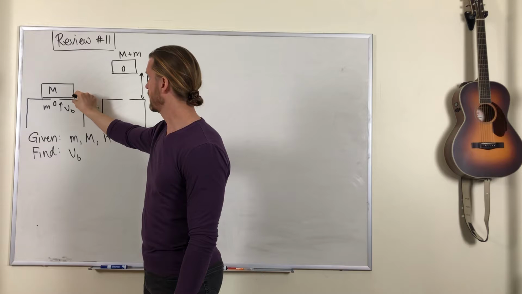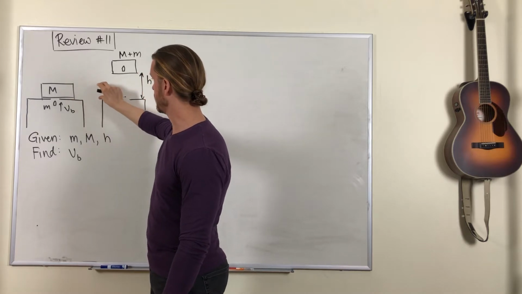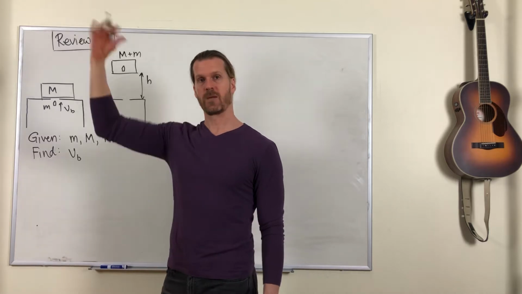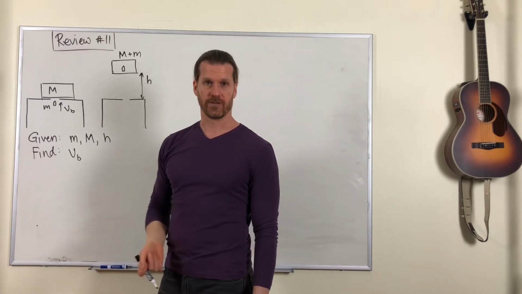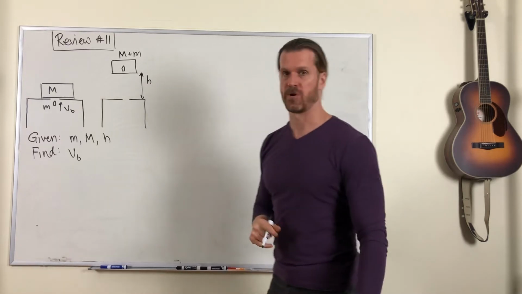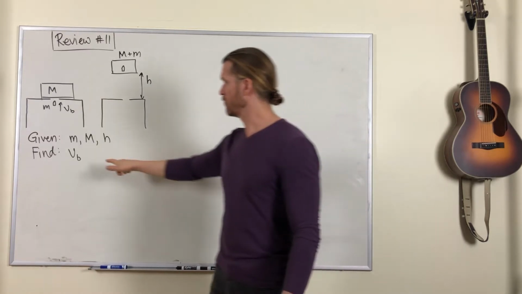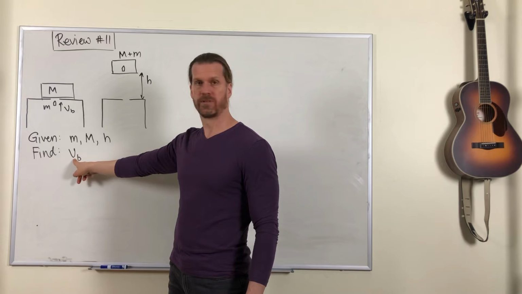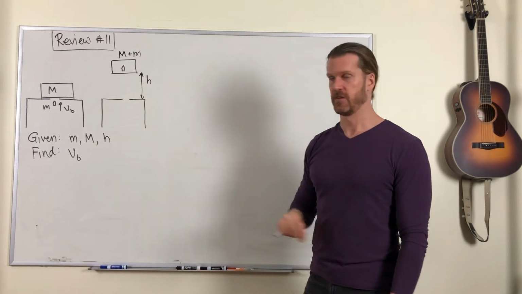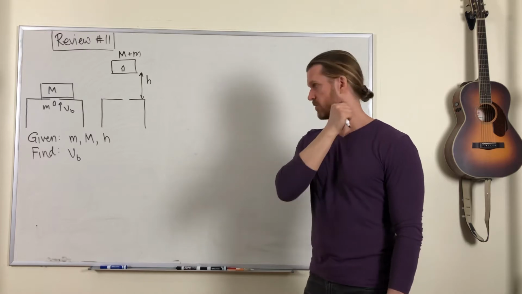Once that collision has taken place, this bullet block system rises up to some final height. During that process, energy is conserved. So we can use conservation of energy for that second part, and ultimately we'll be able to express the bullet's speed in terms of our given quantities, the two masses and the height that this thing rises to.